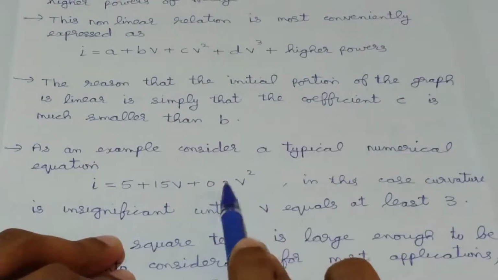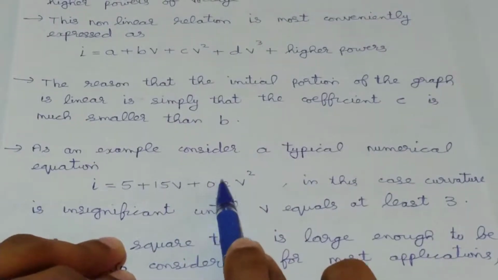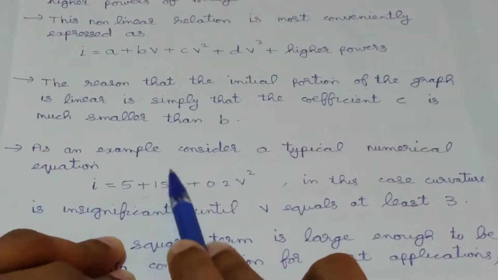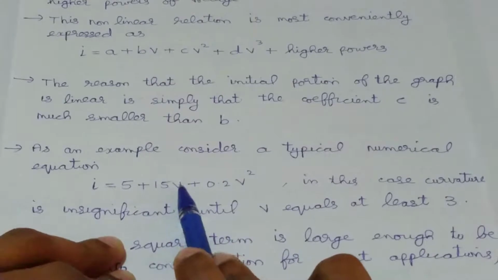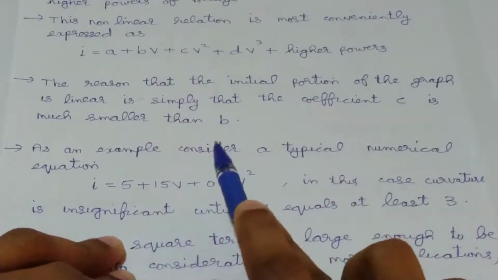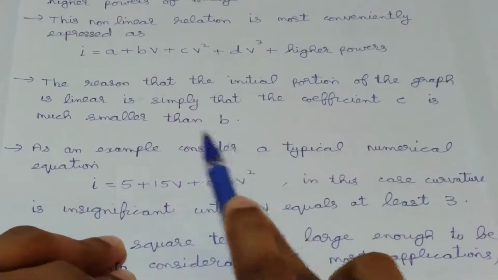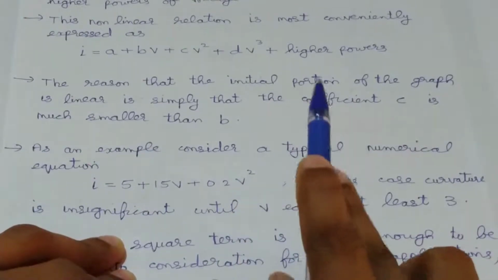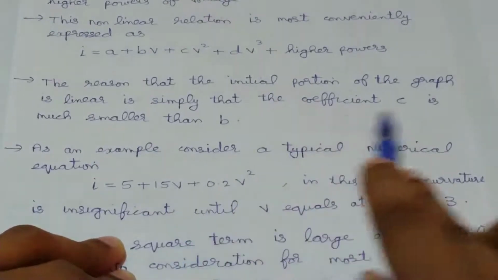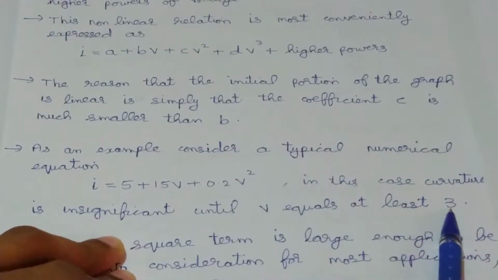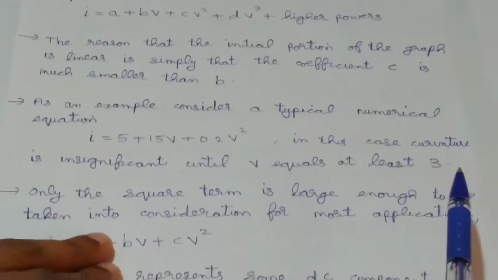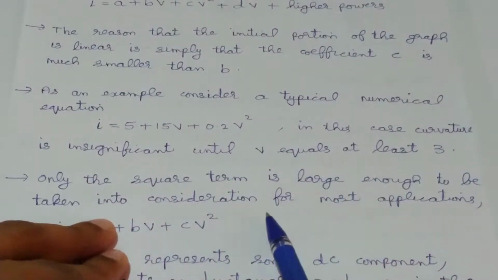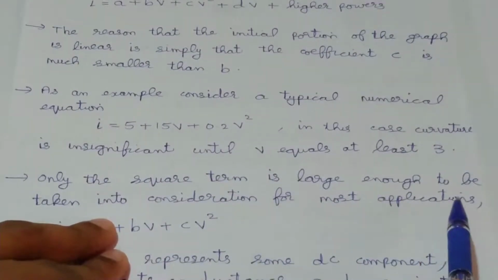Okay, so since the coefficient C is much smaller than B, in that nonlinear resistance characteristics, initially the characteristics will be linear, and the nonlinear portion, that curvature portion, will come only after a particular voltage value, and here that curvature shape comes after this 3 voltage. Then only the square term is large enough to be taken into consideration for most applications.